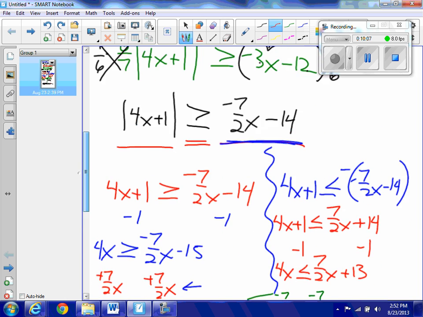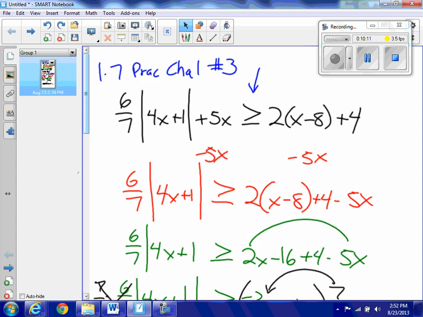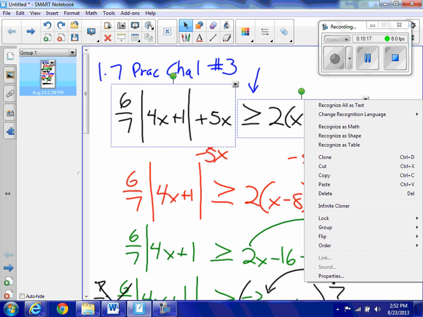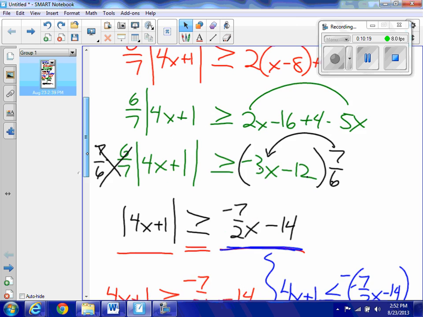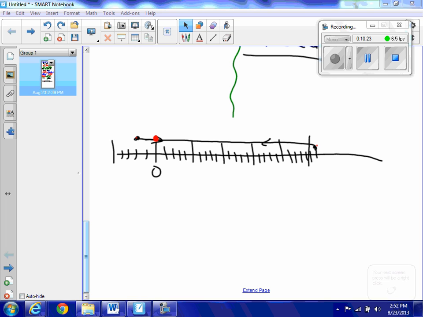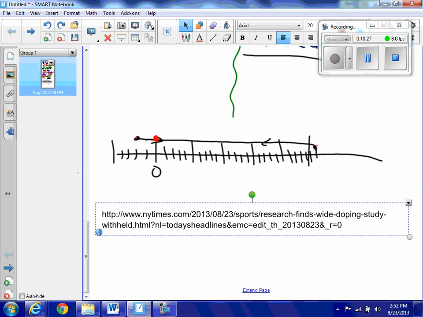Well, let's go back to our inequality right up here. We're way at the very top. Let's see if we can pull this out right now. Okay, so I'm going to copy that, and I'm going to bring it all the way down to the bottom. Paste it. Whoops, wrong thing. Let's go again here.